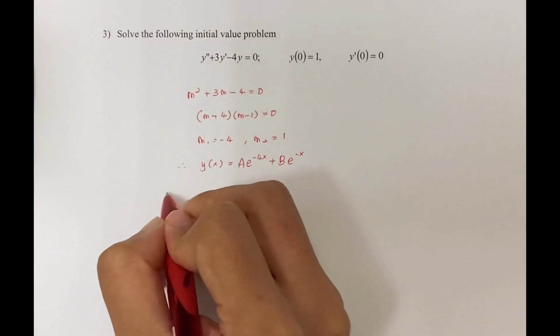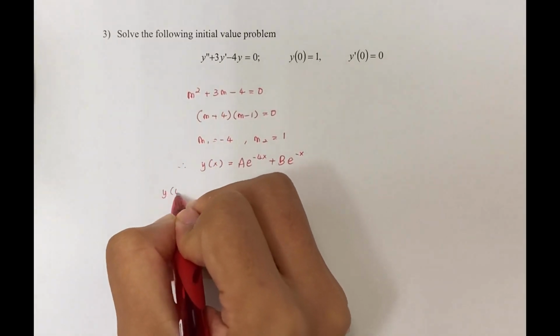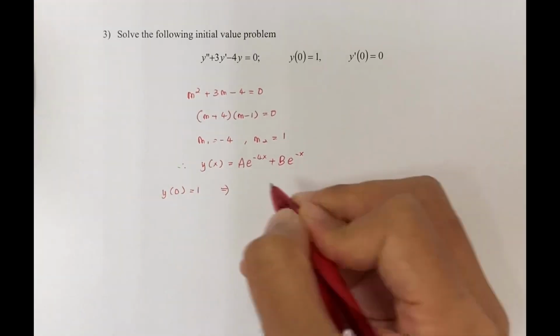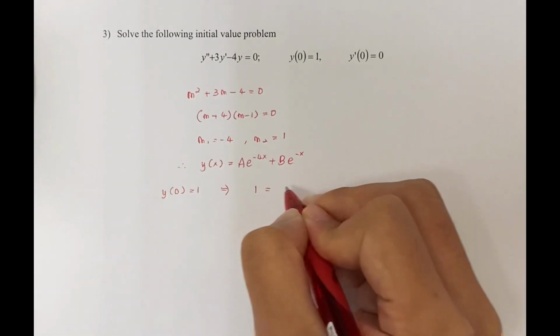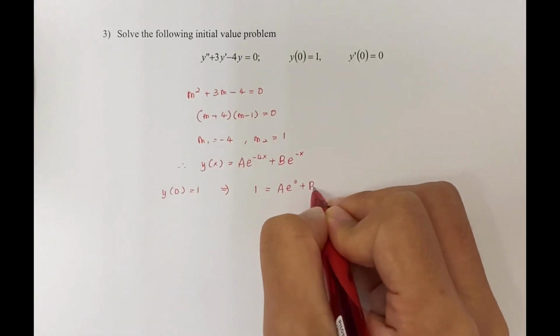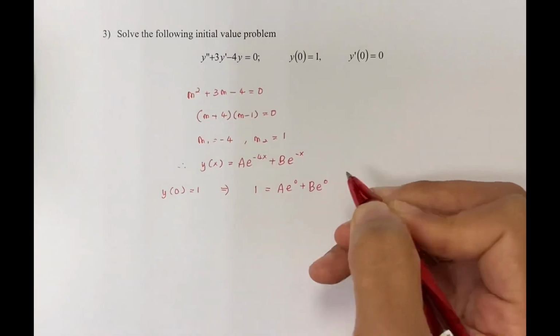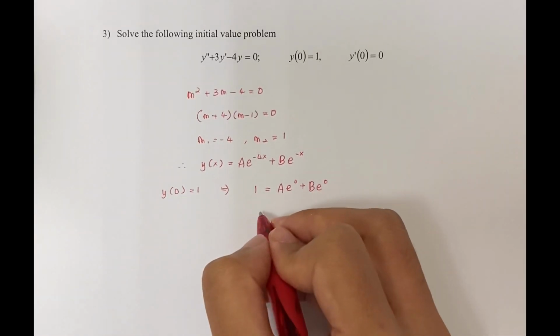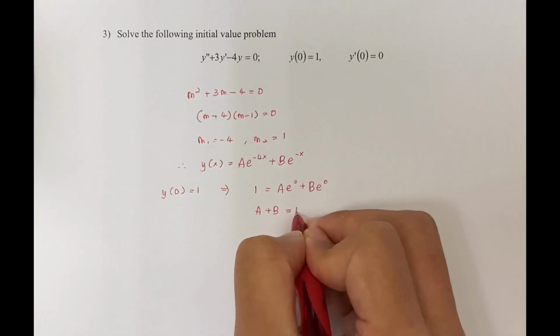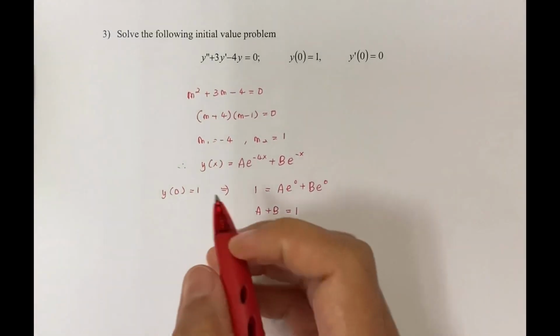Okay, initial conditions, y(0) equal to 1. So you have 1 equal to A e^0 plus B e^0. So A plus B equal to 1. Okay.